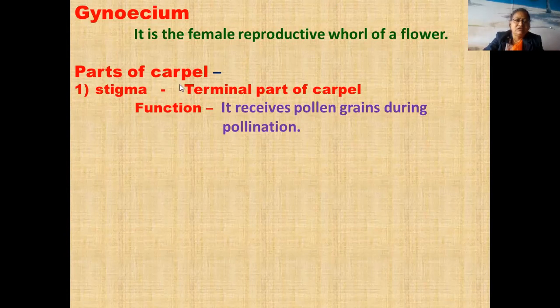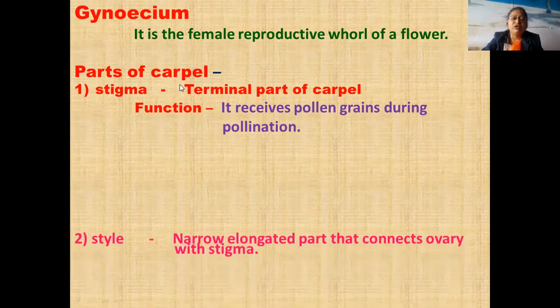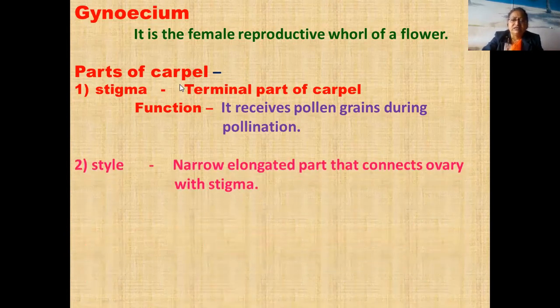See in these parts of carpel, the first part is stigma, the terminal part of carpel. Function of stigma: it receives pollen grains during pollination. It also helps in germination of pollen grain. Style is the narrow elongated part of carpel that connects ovary with stigma.